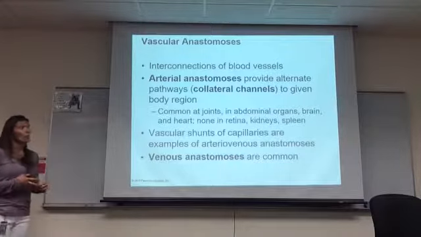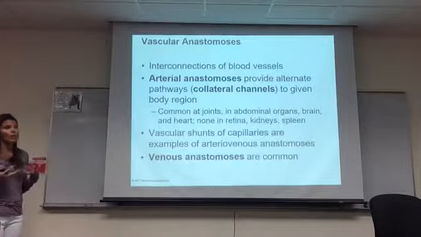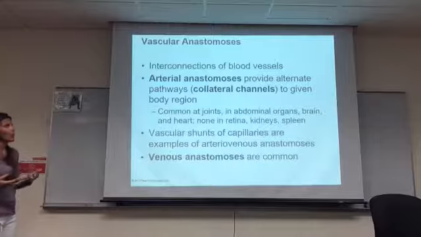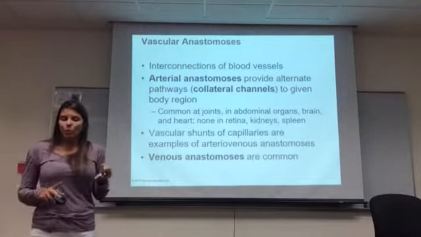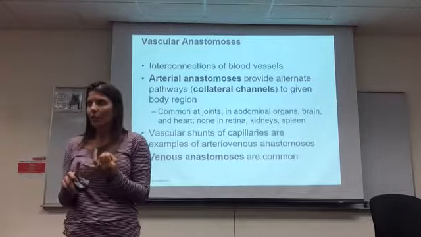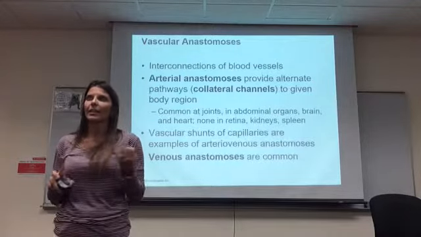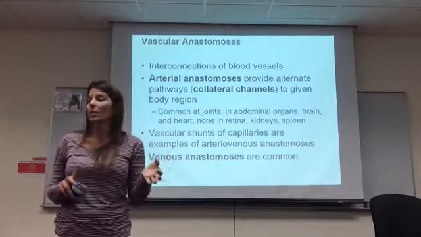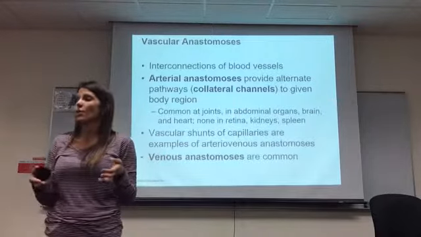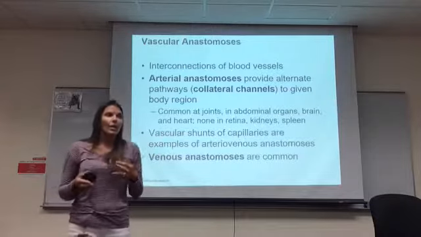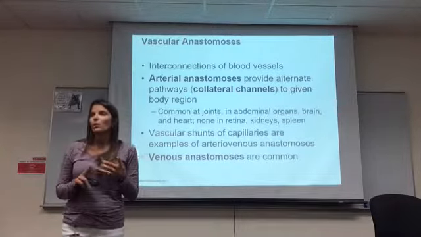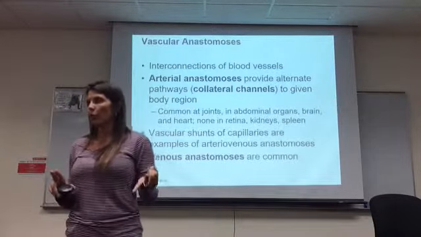So anastomoses. Anastomoses is where a lot of these smaller vessels come together. There's a lot of reasons for anastomoses. The two most important: I need collateral vessels for something. Like one vessel is damaged, so I can use another vessel instead, and that individual can maintain homeostasis. The other purpose of an anastomosis would be to increase blood perfusion to an area.